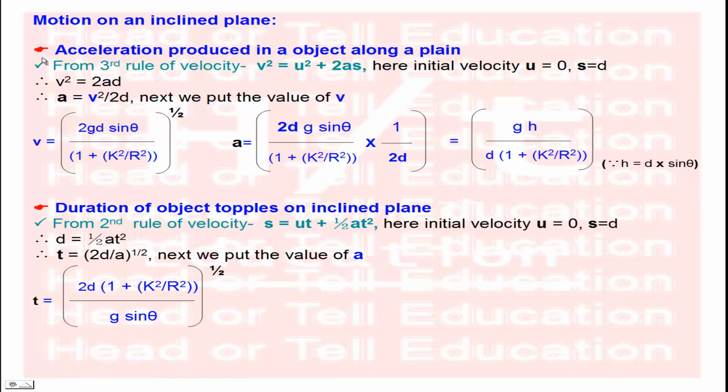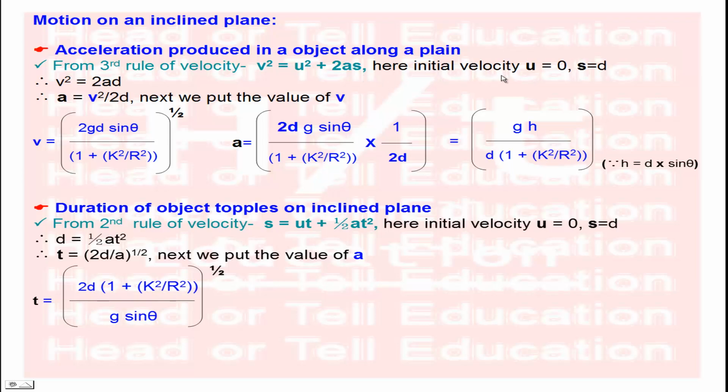Now next, in the same topic, motion on an inclined plane, calculate the acceleration produced in the object along the plane. So how to calculate? By using the third equation of motion, v square equals u square plus 2as.